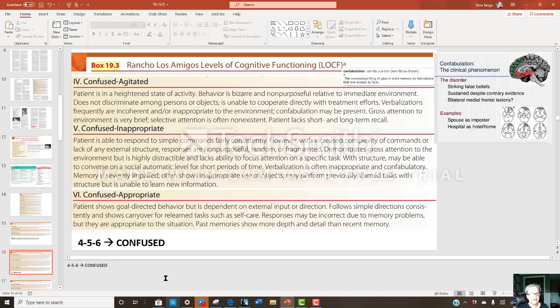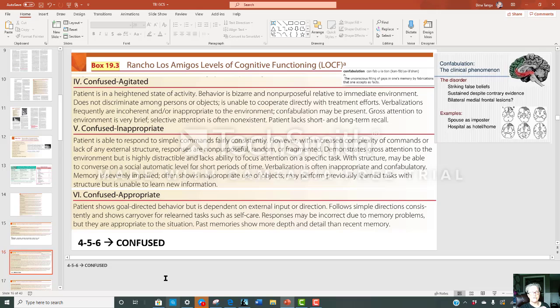The patient may be able to converse on a social automatic level for short periods of time. They demonstrate gross attention to the environment, but are highly distractible and lack the ability to focus. So they kind of get that they're in the gym, right?